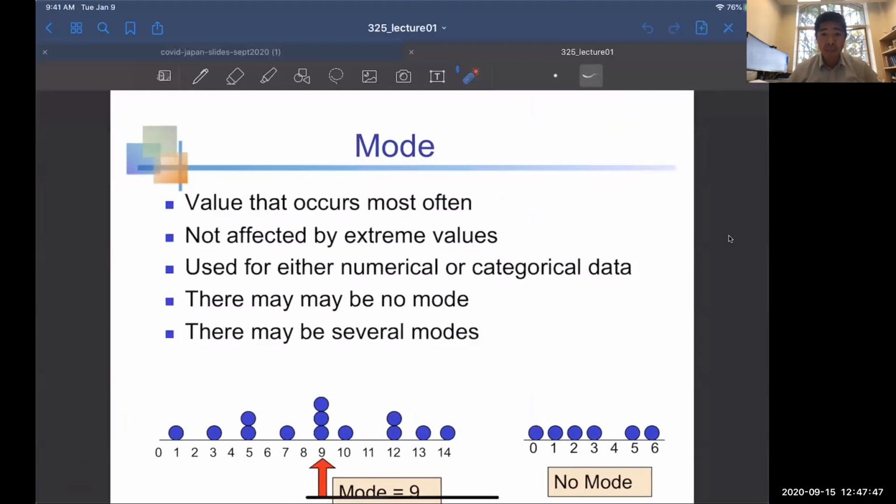The third measure of central tendency, the mode, is a less used measure, but it could be useful if the variable you are looking at has a small number of possible values. For example, if you look at different occupations, there is a limited number of occupations, depending on how you classify, and you can ask which occupation most people work in. Or think about unemployment, loss of jobs during COVID-19.